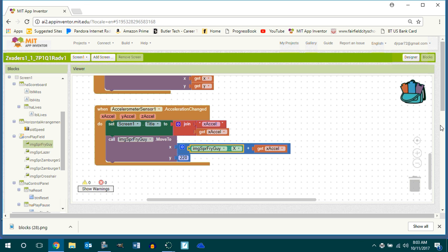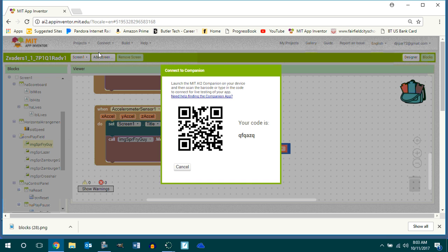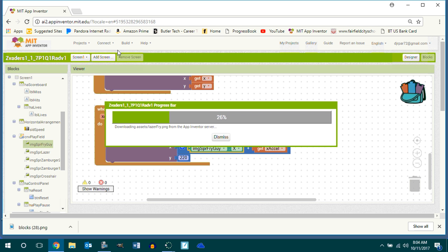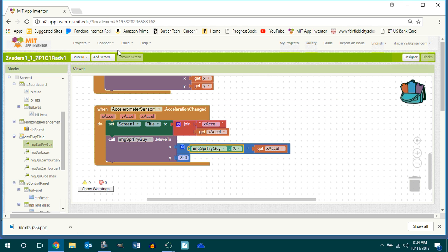I'm going to see if this equation works, because it was going positive and negative. And there you go, I have tilting.